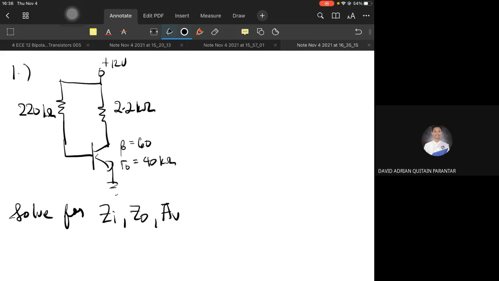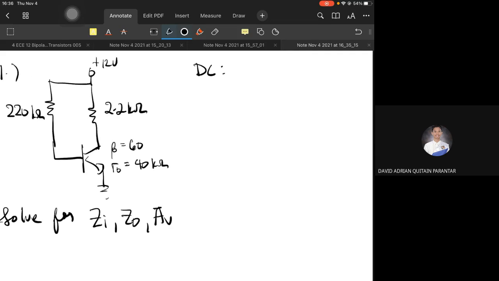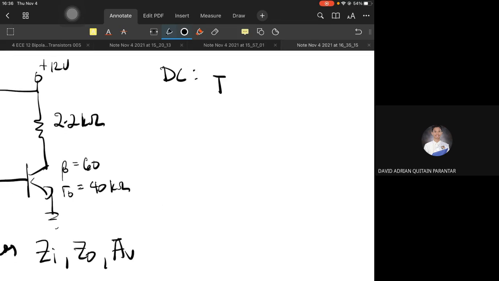So, do we need to do all steps required sa DC analysis? No, so no need. Only 2 steps. Solve for IE.